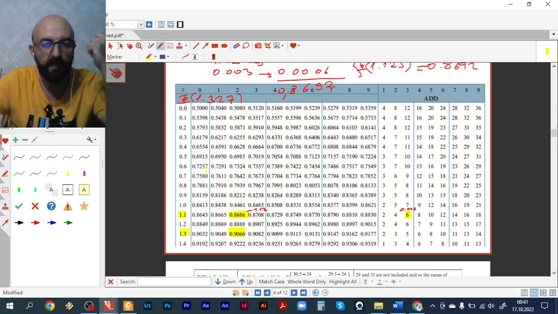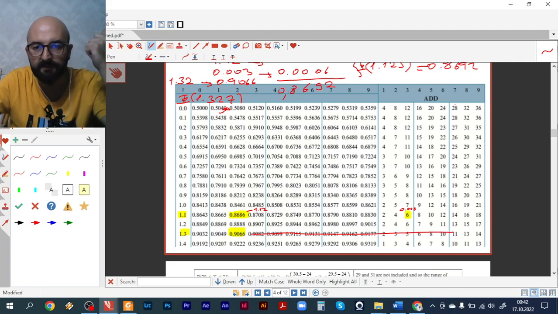This is 1.3. 1.32 means 0.9066, but you have one more digit, 7, and you should find 7 in this part, and 7 goes to 11.